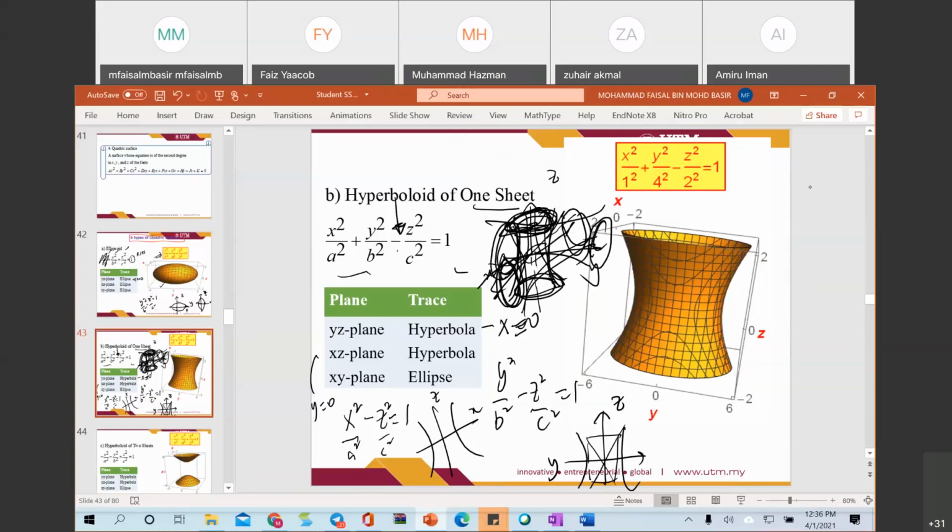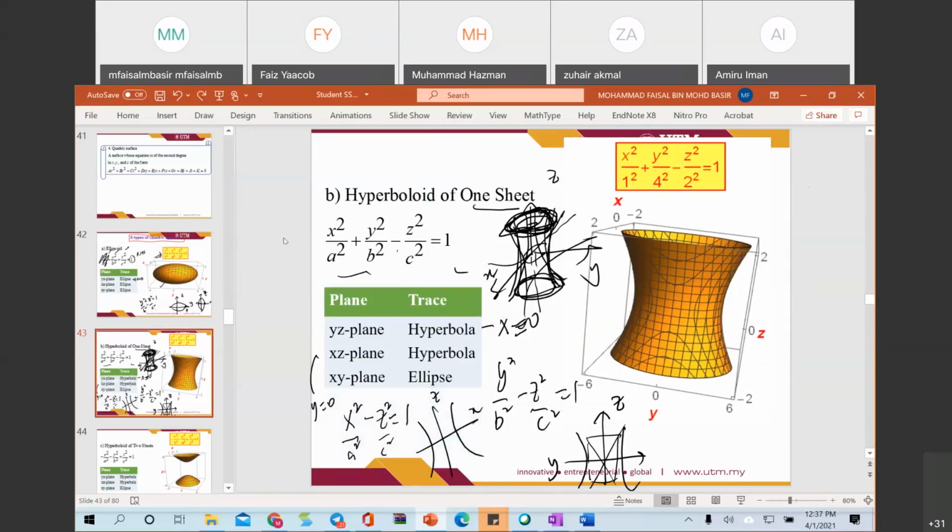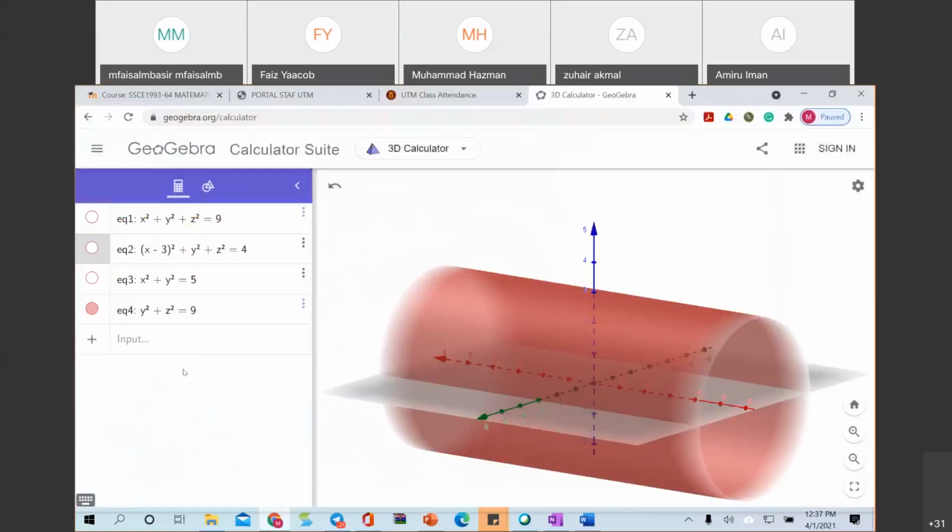So let me show you. Make sure you know how to draw this. Remember to show the traces nicely, everything. Draw nicely and write nicely.